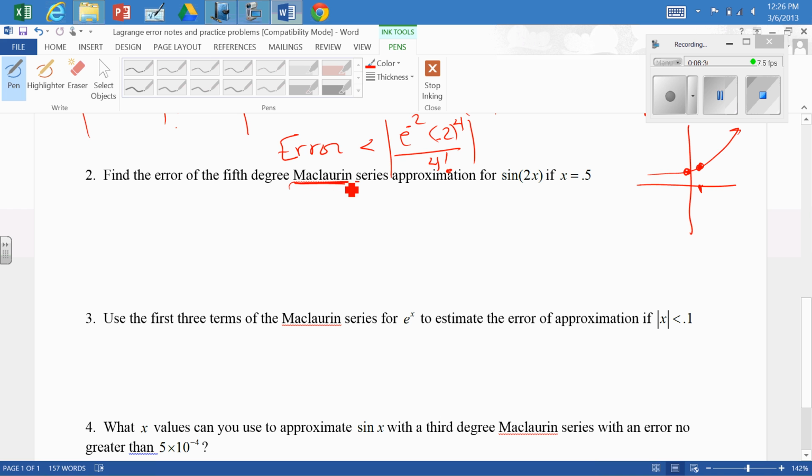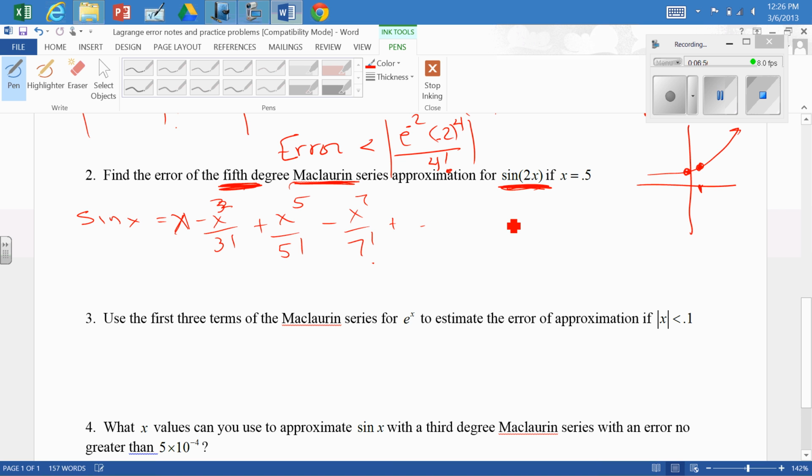Maclaurin series again, we're using a 5th degree. We're looking at sine 2x. This is alternating. Remember, sine x is going to be x minus x cubed over 3 factorial plus x to the 5th over 5 factorial minus x to the 7th over 7 factorial.